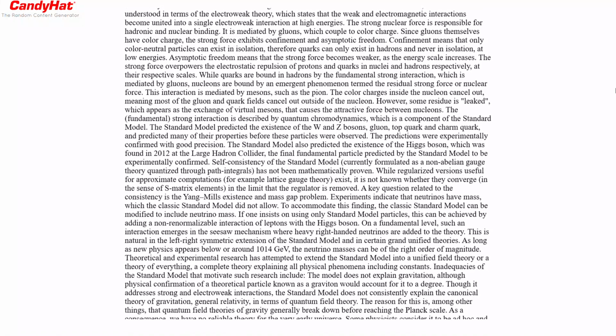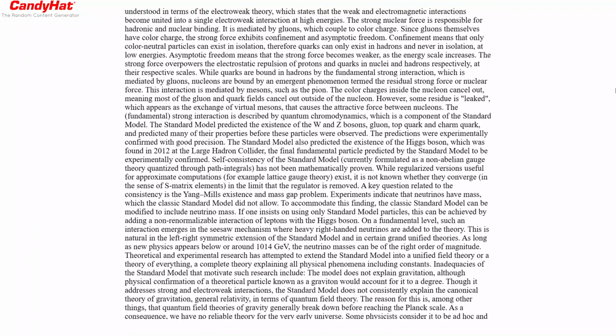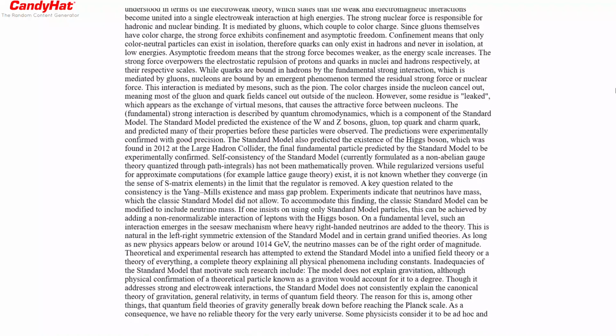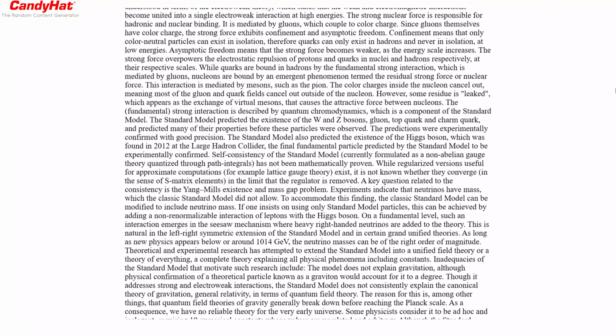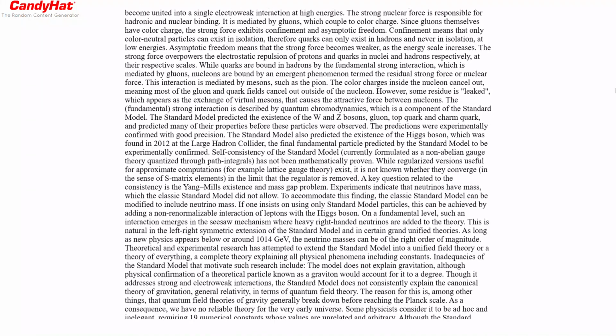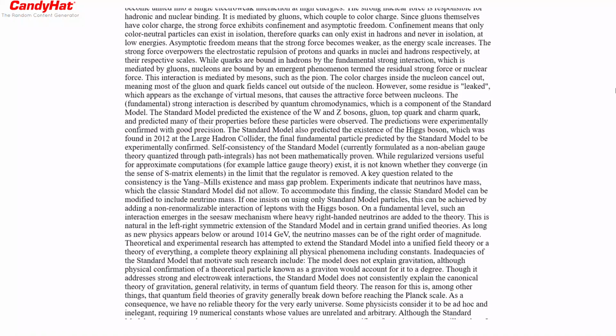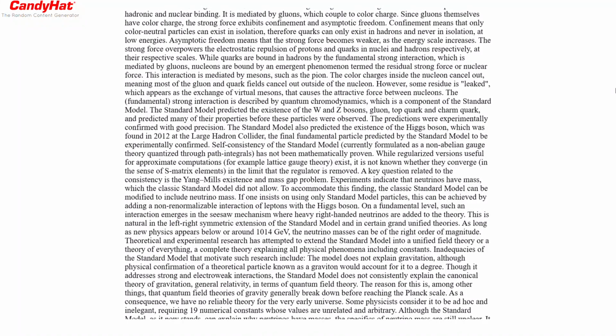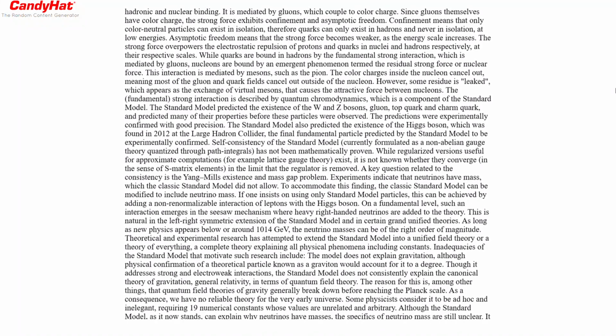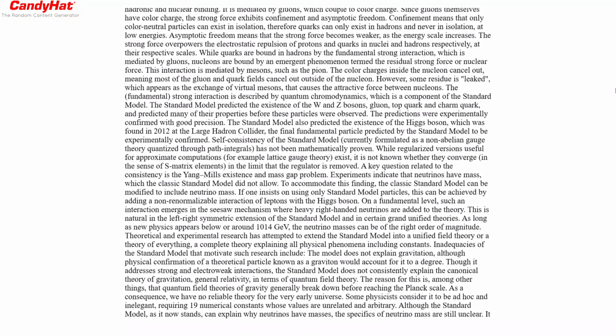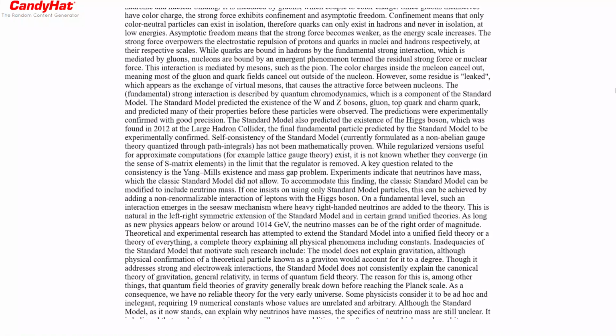Experiments indicate that neutrinos have mass, which the classic Standard Model did not allow. To accommodate this finding, the classic Standard Model can be modified to include neutrino mass. If one insists on using only Standard Model particles, this can be achieved by adding a non-renormalizable interaction of leptons with the Higgs boson.